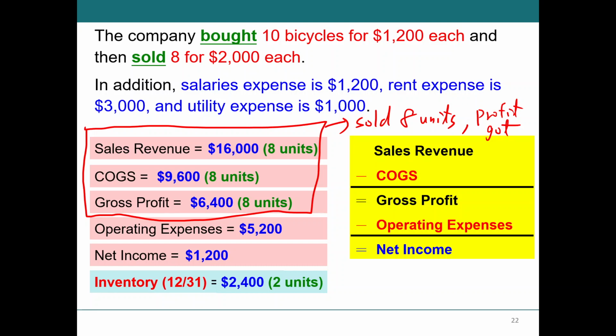Okay, so net income is the final profit you got, and you can use that for dividends or for the company's operation in the future.